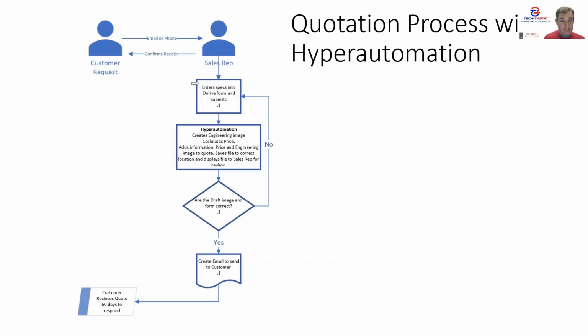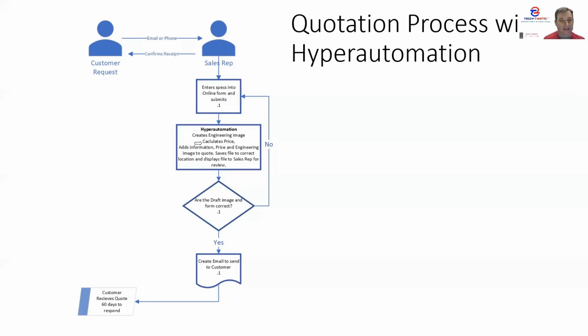The sales rep is actually going to now, instead of sending an email, go to a site, and that site has an online form in which they are going to enter the information directly into the form. The Hyperautomation will then read that and immediately create the engineering image by adding on and manipulating that image according to the specs that were entered on the form.